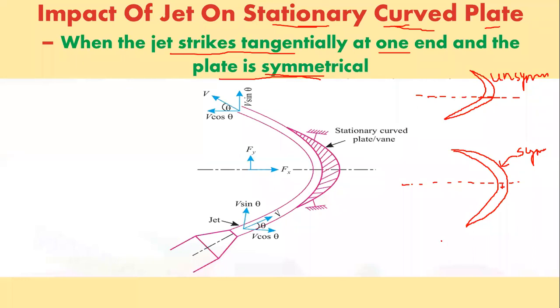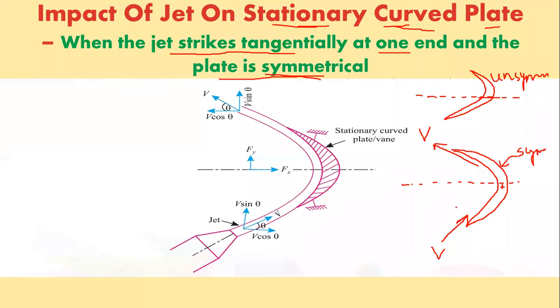We will consider that the jet strikes the plate with a velocity v. When we assume that there is no loss of energy when the jet strikes the plate, the jet will travel along the plate and exit at the other end with the velocity v itself.